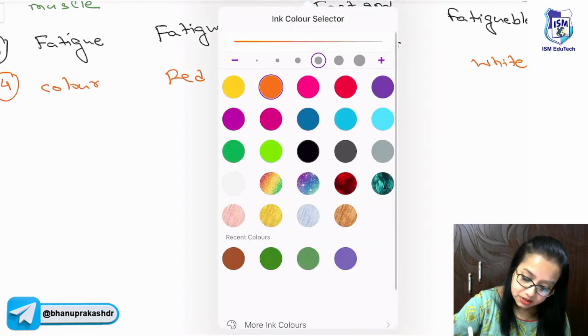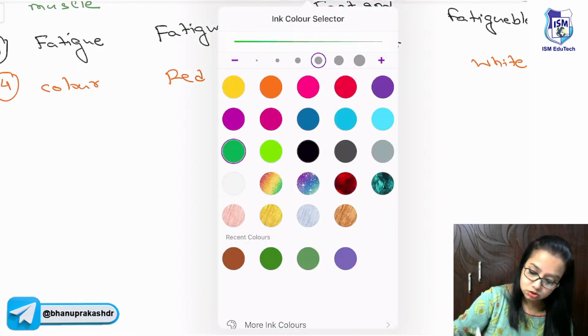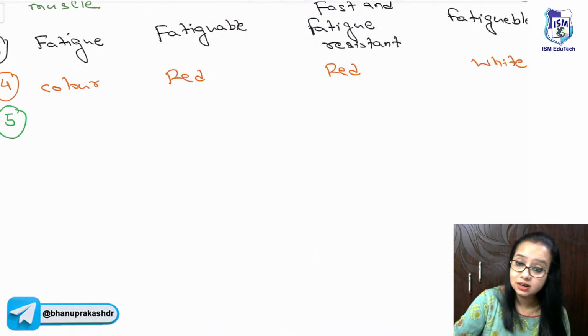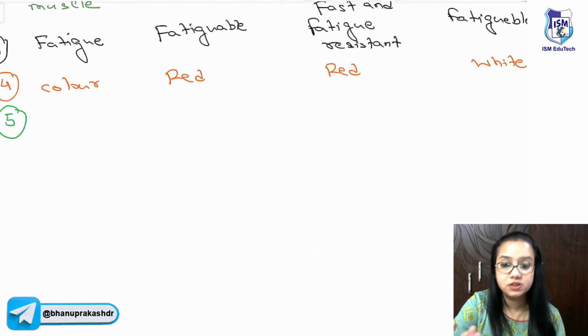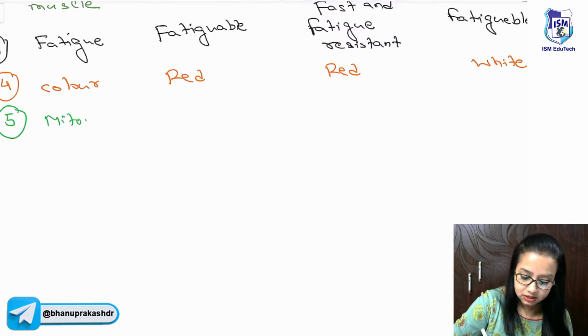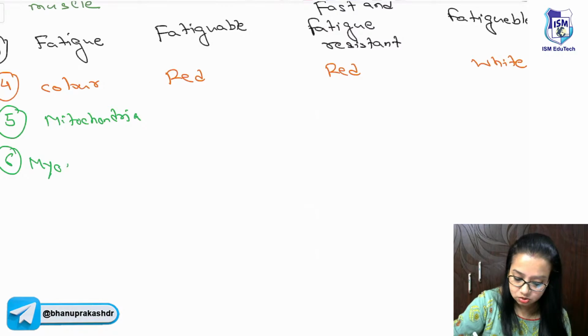Now, if we remember the color, we can also correlate that this color is because of the presence of certain characteristics, for example mitochondria and myoglobin.